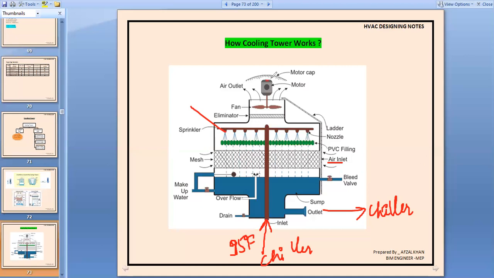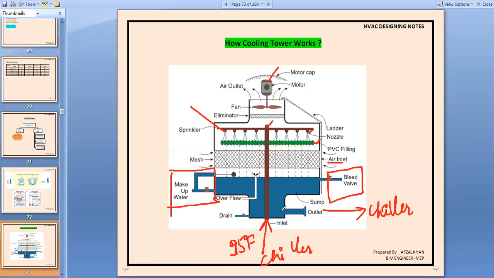We have one fan, one header, sprinklers, PVC fillings, and your makeup water arrangement. This is your blow down operation process, I will show you why we require this. And this is your sump, in which the water after the heat rejection will be accumulated.